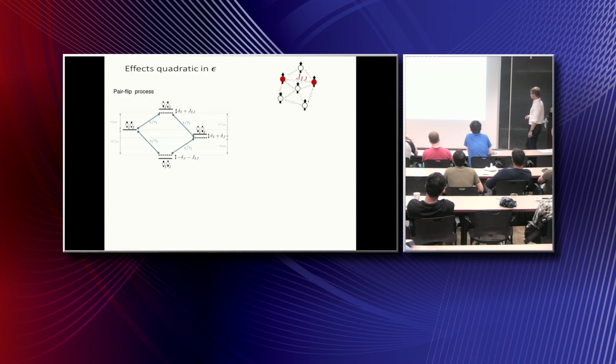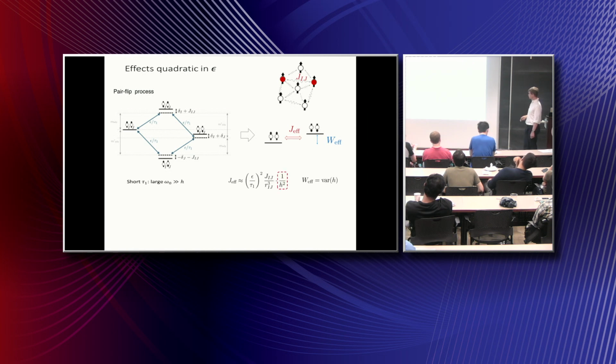If you work out the perturbation theory, this pair spin flip process is proportional to epsilon squared, but it also requires the interactions to fulfill energy conservation. Effectively, you end up with a system where we can take two spins which point along, say, the x direction and flip them together to point along the opposite direction. This matrix element you can calculate from looking at this diagram.